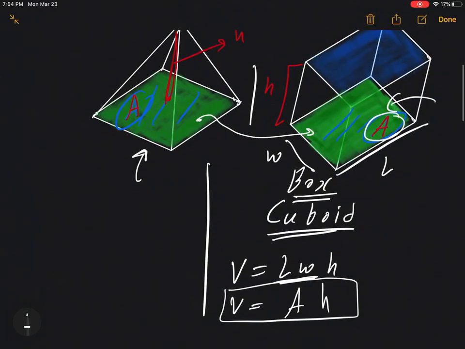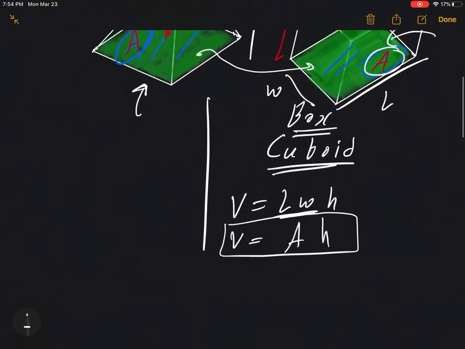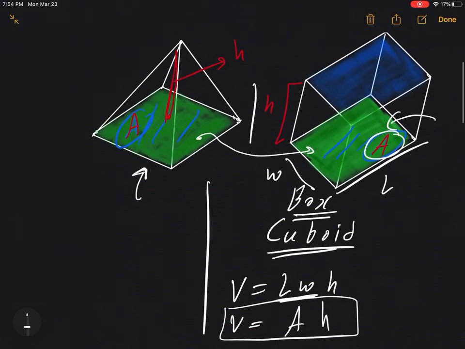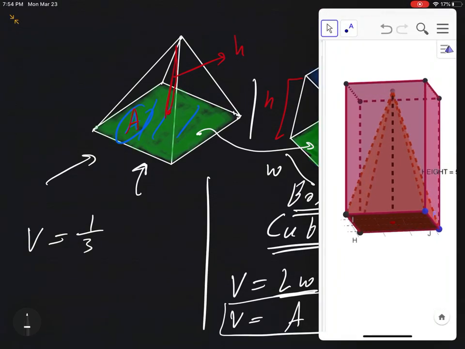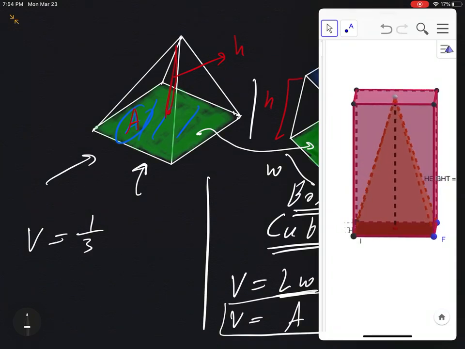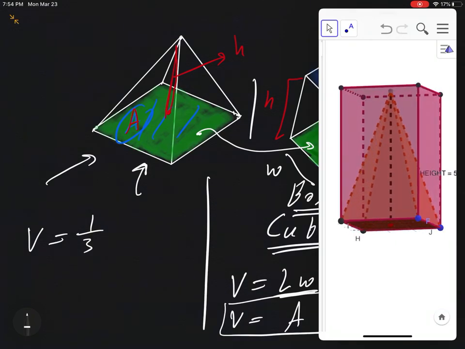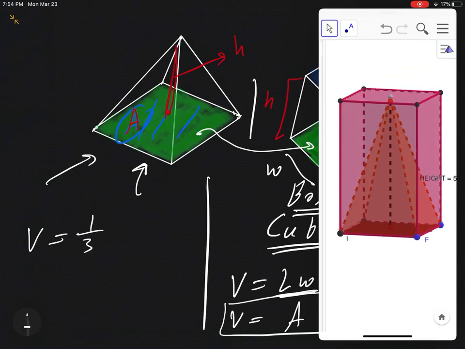As we did before, with some mathematical proof, we can show that the volume of that pyramid is just 1/3 of the volume of the box that contains it. They share the same square base and the same height.